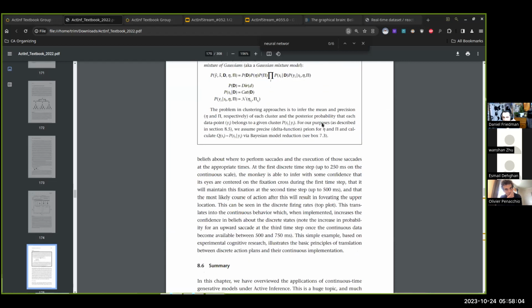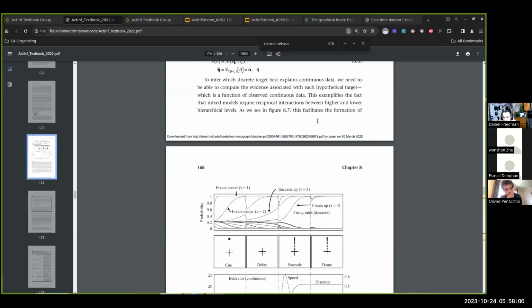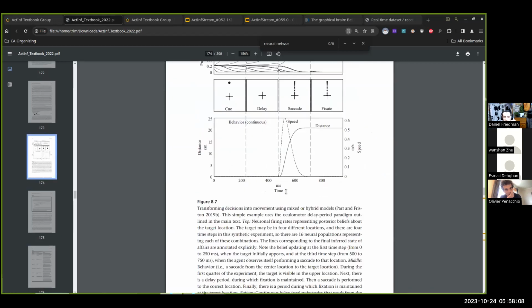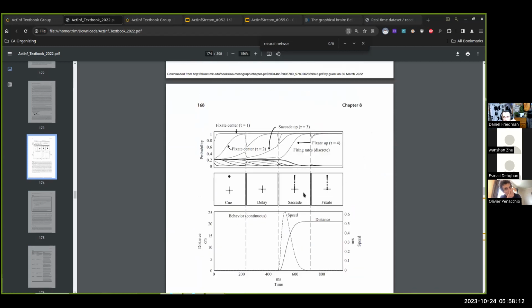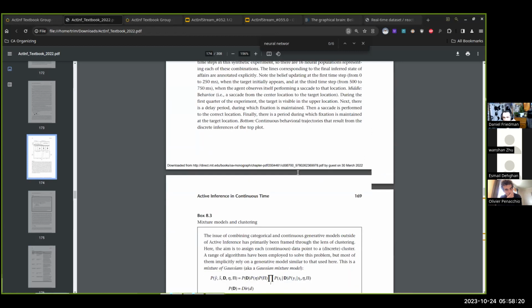Then there are examples of saccading with mixed or hybrid models, where we have a discrete time goal selection and then the continuous time saccade.